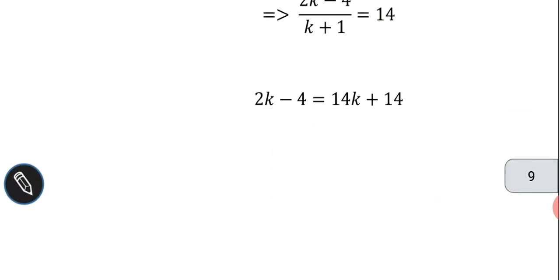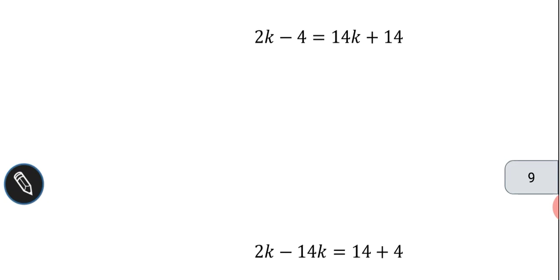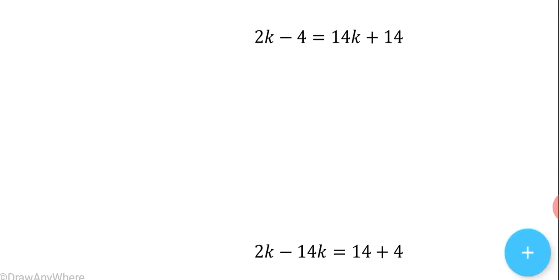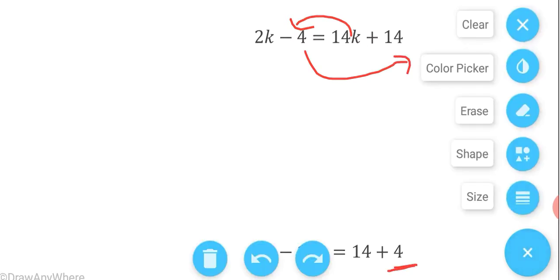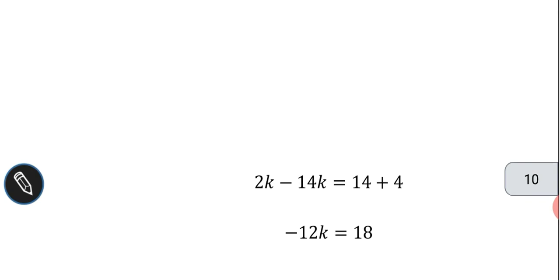Now we can write: move this 14k to this side, so it becomes 2k minus 14k, and move this minus 4 to this side, so it becomes plus 4. So 2k minus 14k equals -12k, equal to 14 plus 4, which is 18.